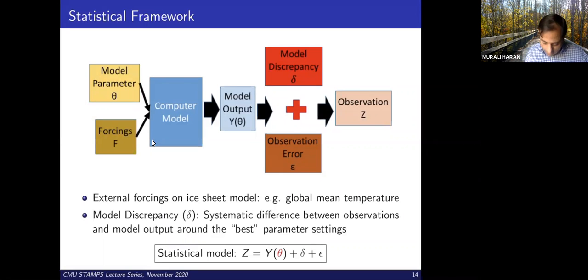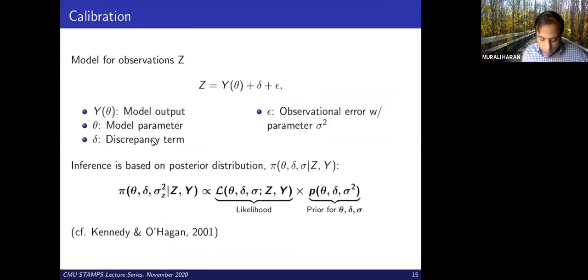Okay, so if I were to just summarize this in the simplest terms, I would just do this guy down here. Z is equal to y of theta, and the theta is red because that's the thing that we're interested in. Okay, so with calibration, I've just rewritten this model here again. So this is the same model here.